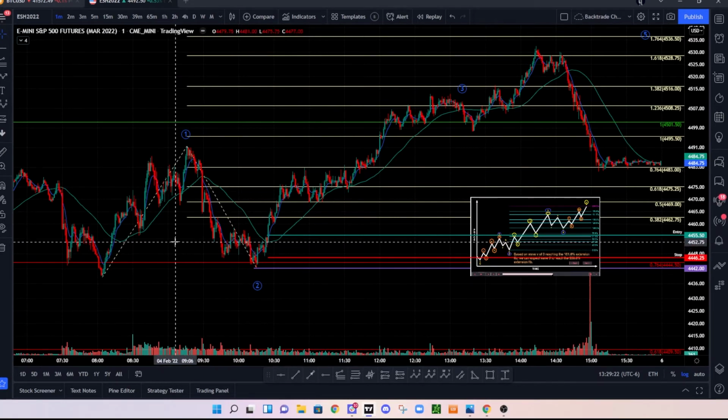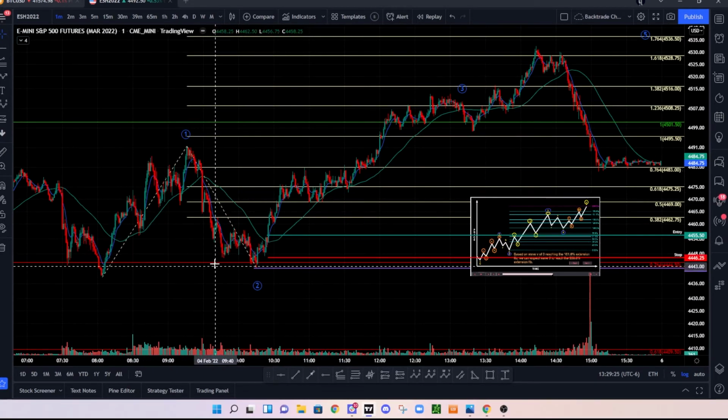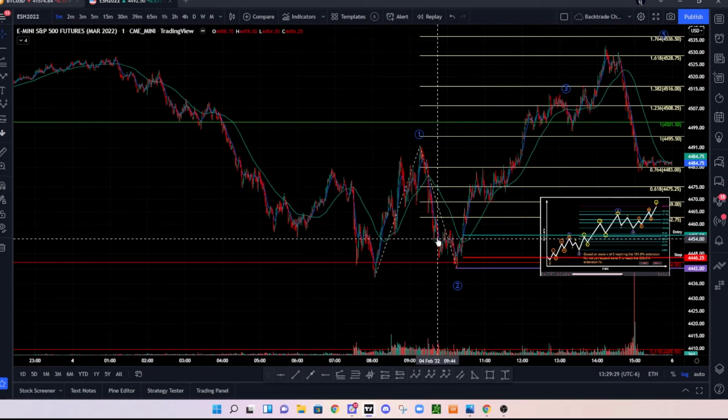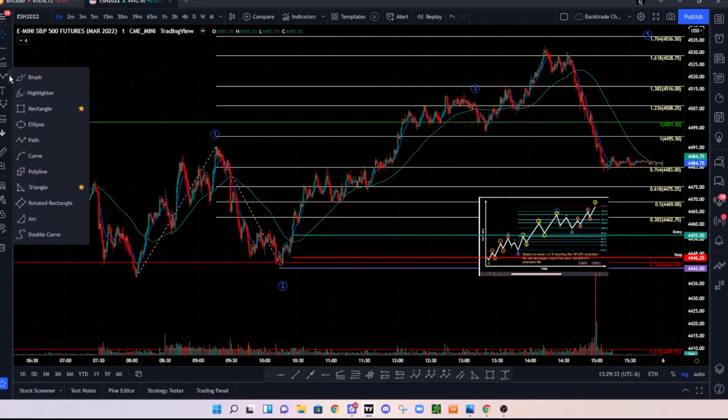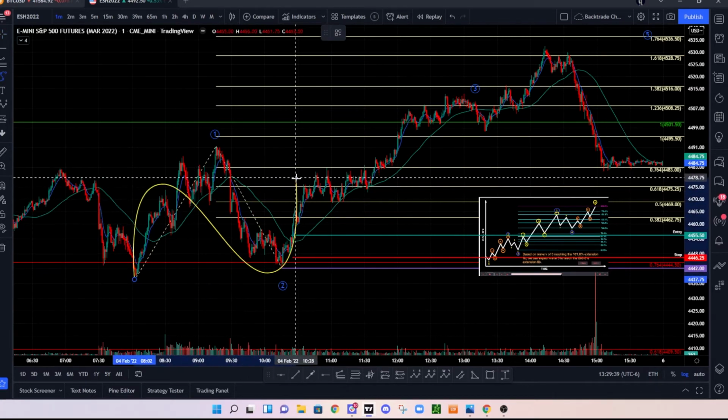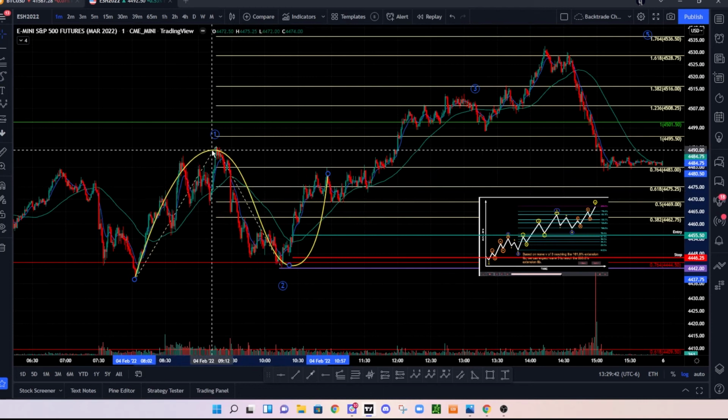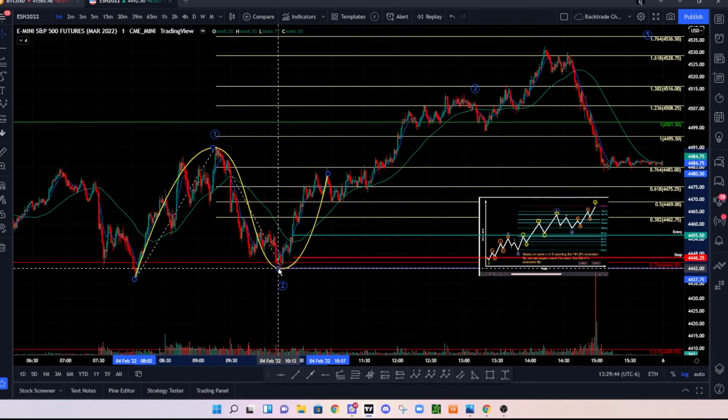One thing that you'll notice about this 1-2 setup, all it is, because we're looking for it after a downtrend or even an uptrend, this thing works the same on the downside. All this simply is this right here, as we all know it, the S-curve.